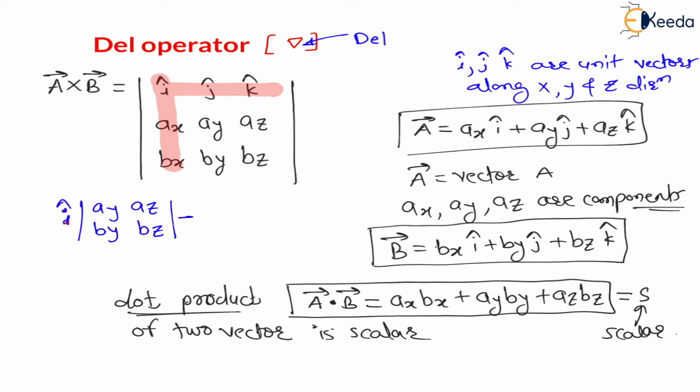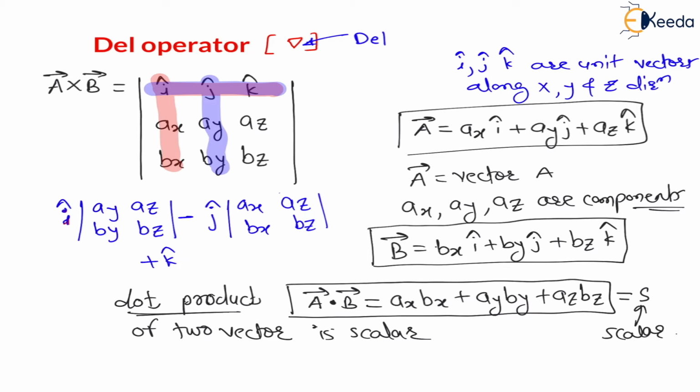In between there is a minus sign, minus j cap, for the second there is a minus j cap. Then I have to delete the second column and first row, and write the other components: the determinant of ax az, bx bz.